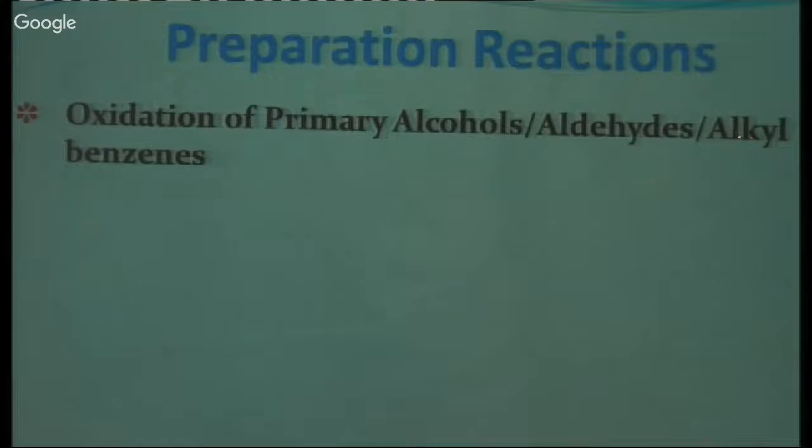The next reaction we will see for alkyl benzenes, irrespective of the nature of the chain length. On oxidation, the alkyl benzenes will give you a carboxylic group.